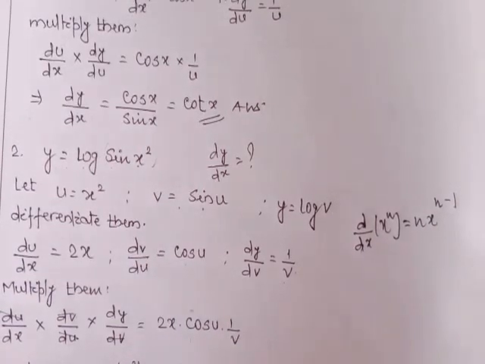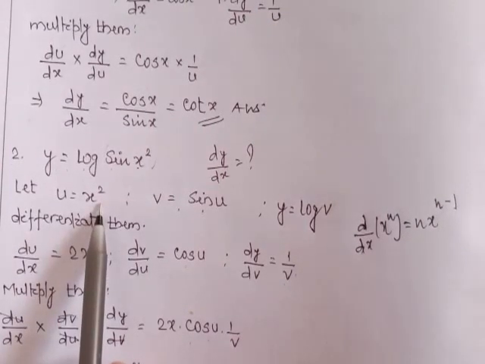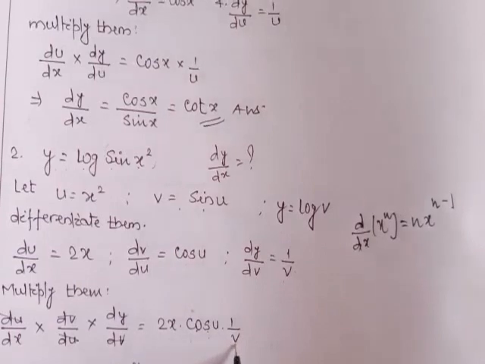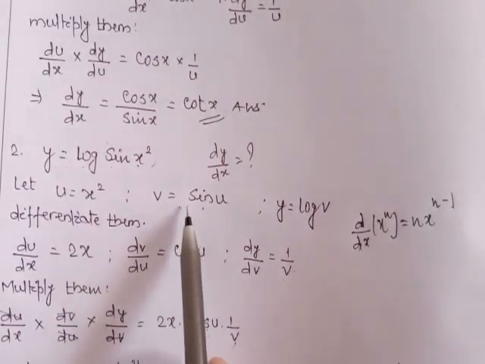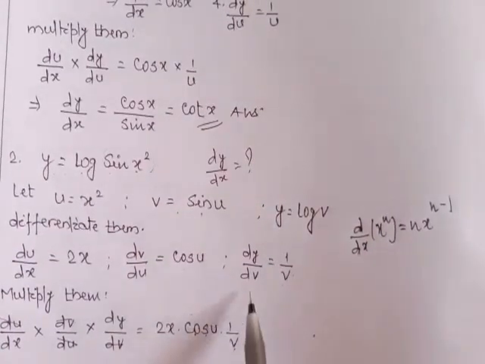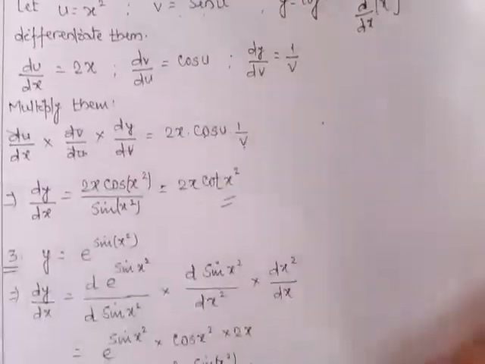Now write down the value of u and v. You have considered u as x square. So it should be cos x square by v. v means sin u, and put the value of u again, then it should be sin x square.